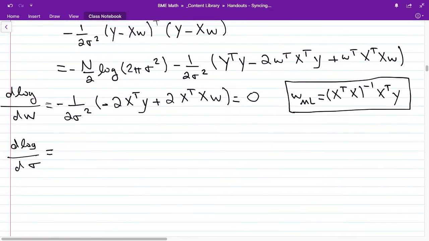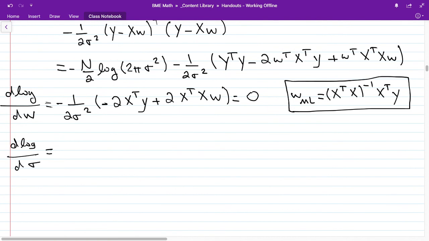Okay. So I need to find the derivative here now with respect to sigma. So what do I have? I have minus n over 2. And then I have the derivative of the log, which has a 2 inside of it, and 1 over sigma.